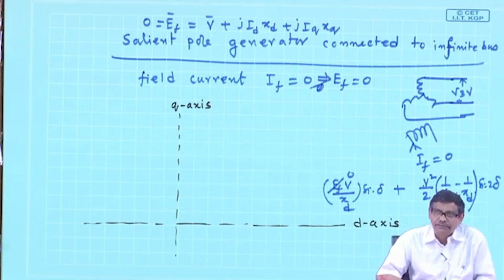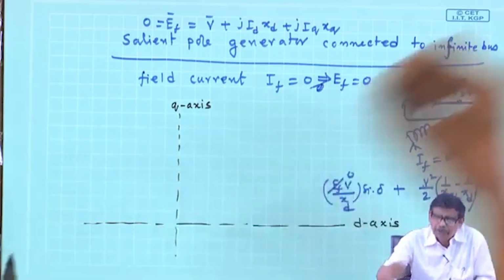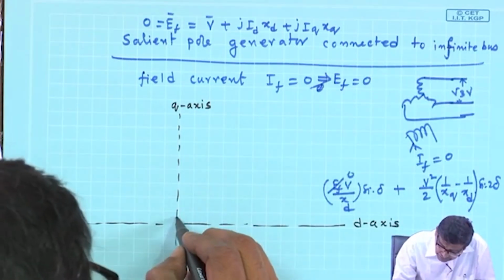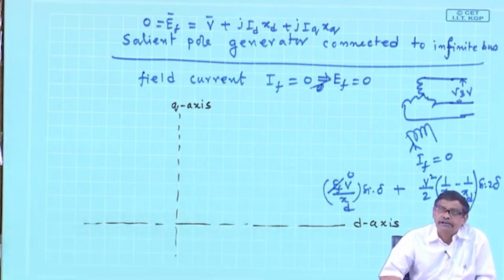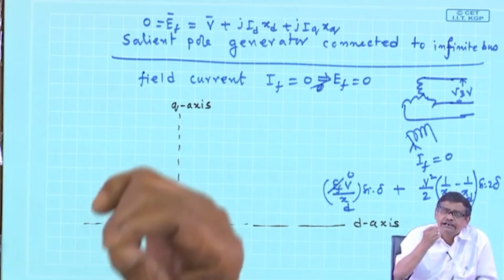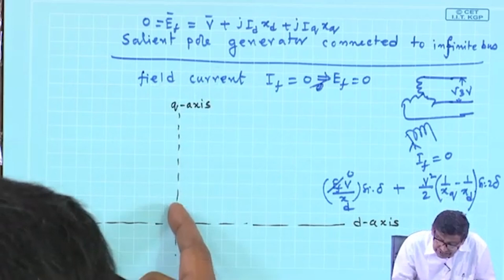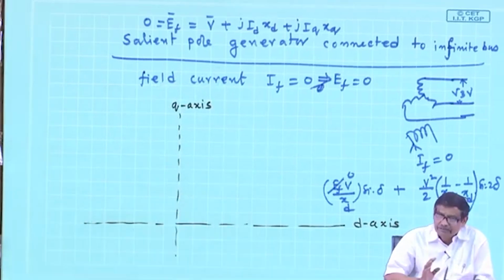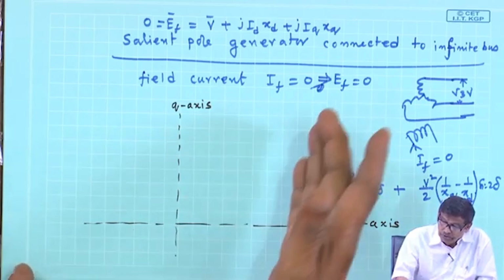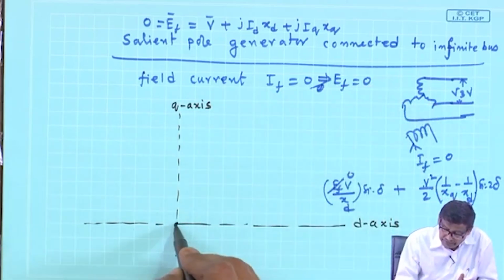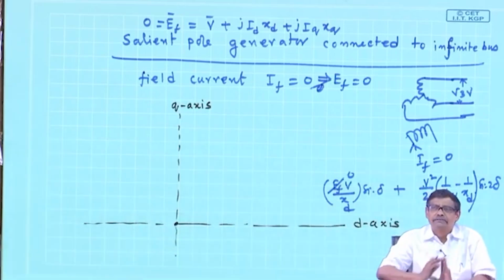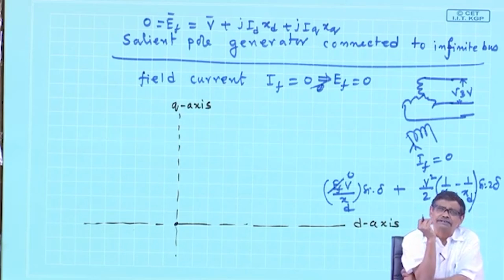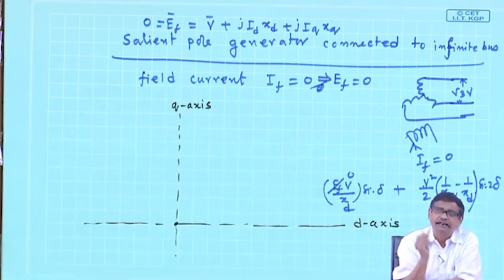Or for that matter, suppose IF is very close to 0, then EF will lie with a vanishingly small length. That is how you try to convince yourself. EF 0 means EF is vanishingly small, but its direction will be along the q axis. So although EF is 0 means this point, you imagine an absolutely very small IF exists, and EF will be along this line.